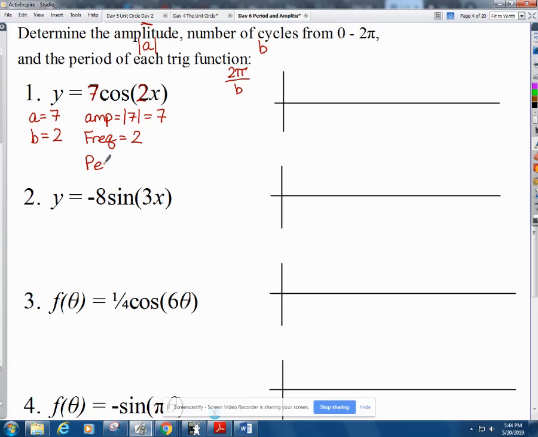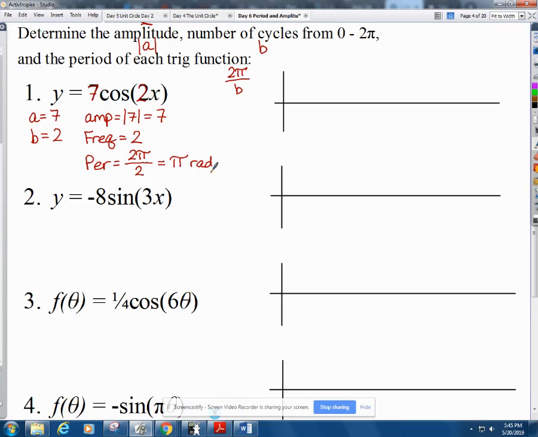And the period is equal to 2 pi divided by the B value, which is 2. So the period in this case is pi radians. And again, if you think about it in degrees, it would be 360 degrees divided by 2, and that would be 180 degrees. And pi radians is equivalent to 180 degrees.